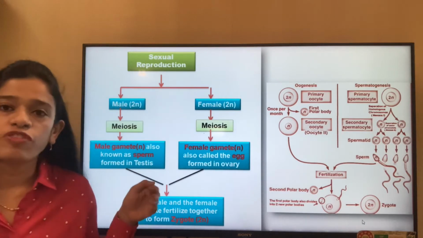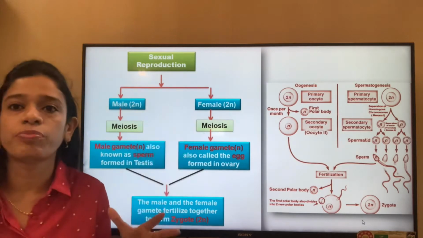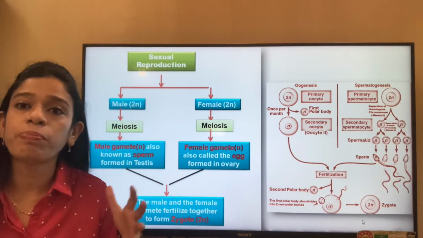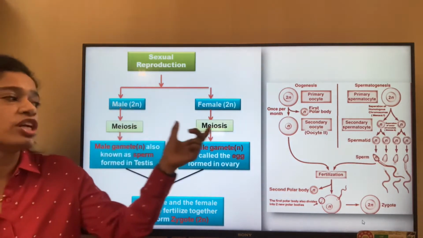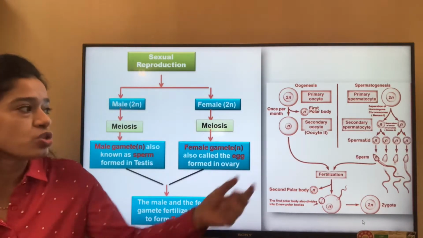But when a body or a plant prepares itself for sexual reproduction, it undergoes another special type of cell division, which is known as meiosis.